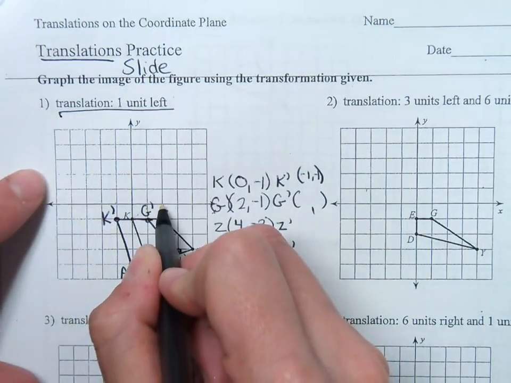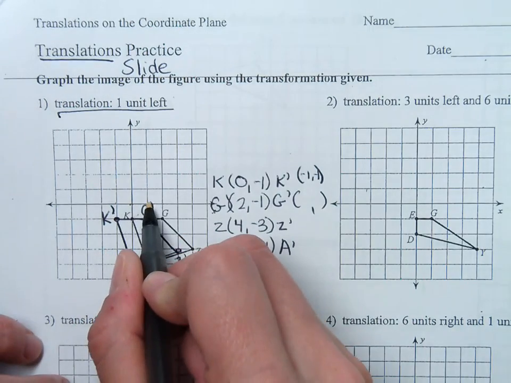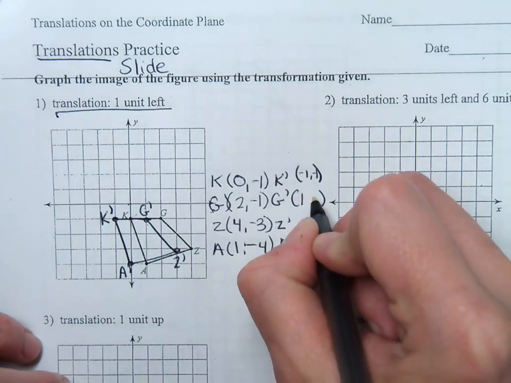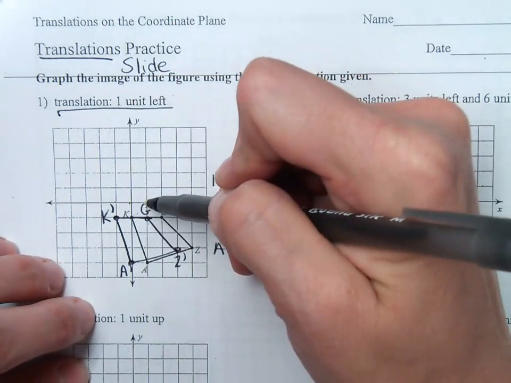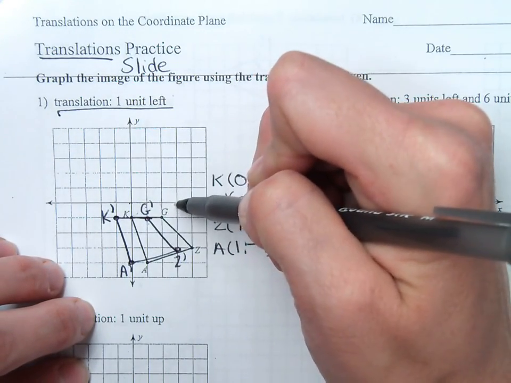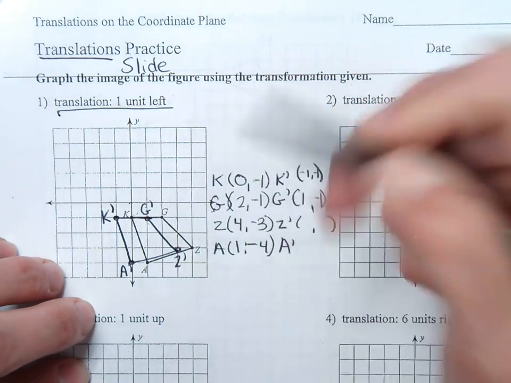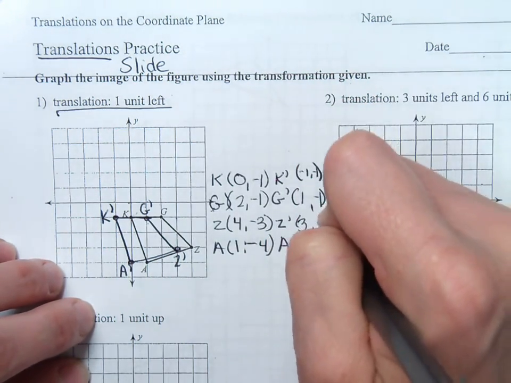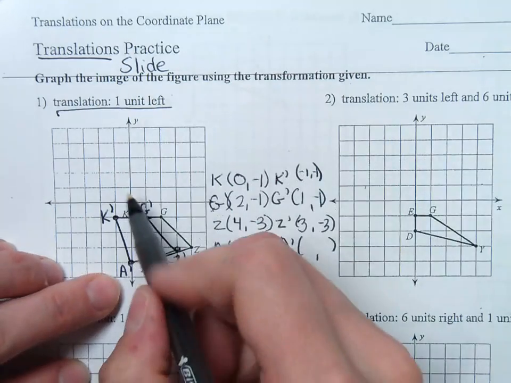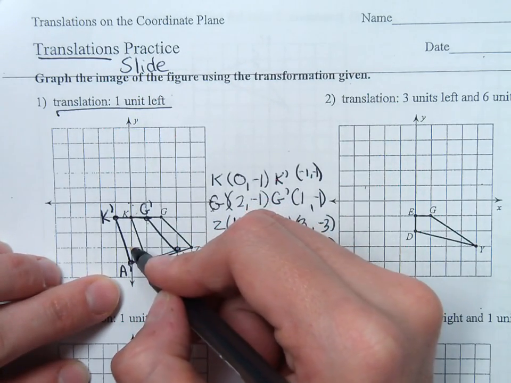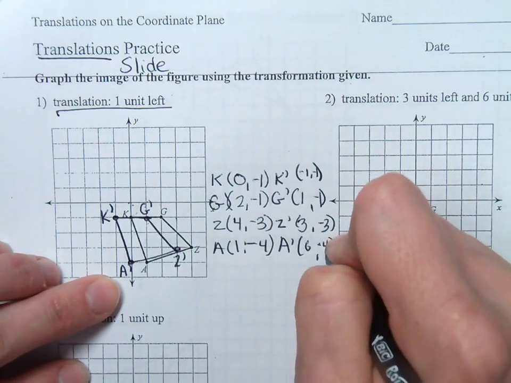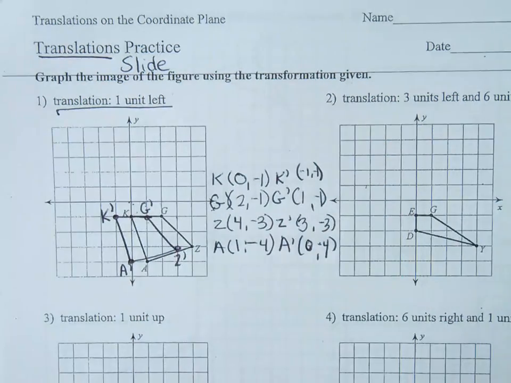G prime is from the origin, right 1, down 1, so we have (1, -1). Z prime is over 1, 2, 3, down 1, 2, 3, so it's (3, -3). And A prime is over 0, down 1, 2, 3, 4, so that's (0, -4).